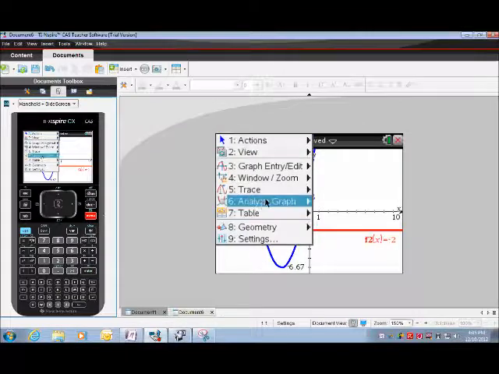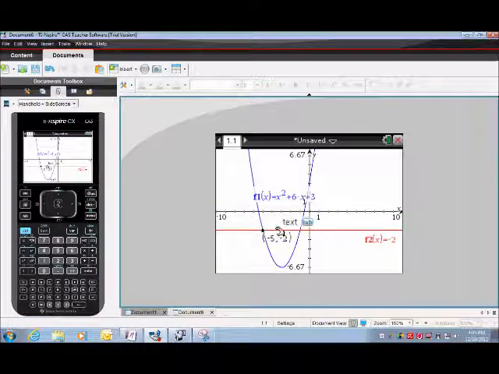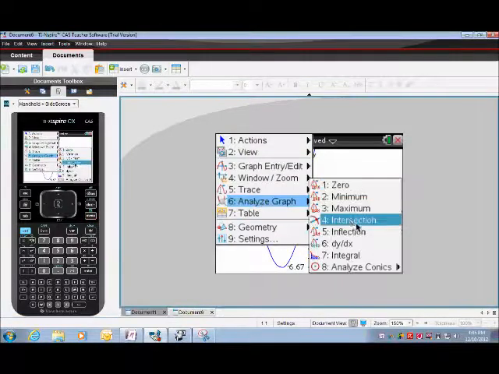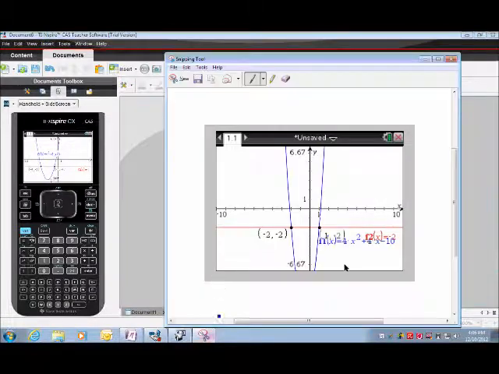So menu, analyze graph, intersections, click to the left, click to the right. Menu, analyze graph, intersections, click to the left, click to the right. Okay, copy this over for you.